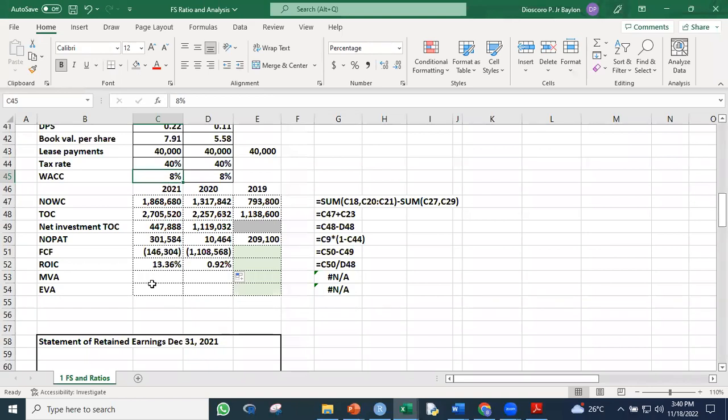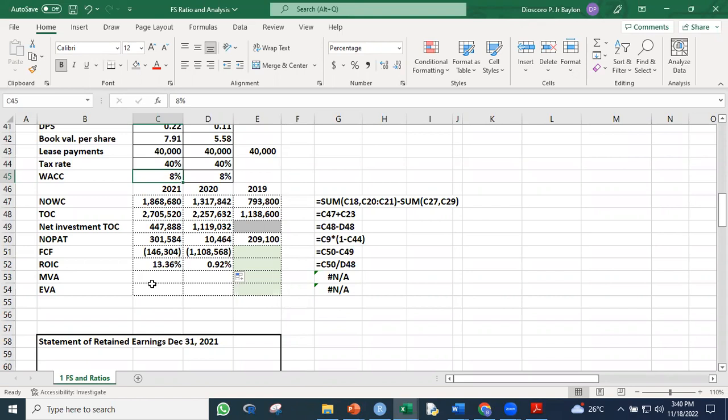So the ROIC was greater than WACC, 13 point something percent, greater than 8%. Therefore, value was created. But in 2020, value was destroyed because ROIC was 0.92 versus the WACC of 8%. So there was a reversal, no? In 2020, the firm destroyed value.